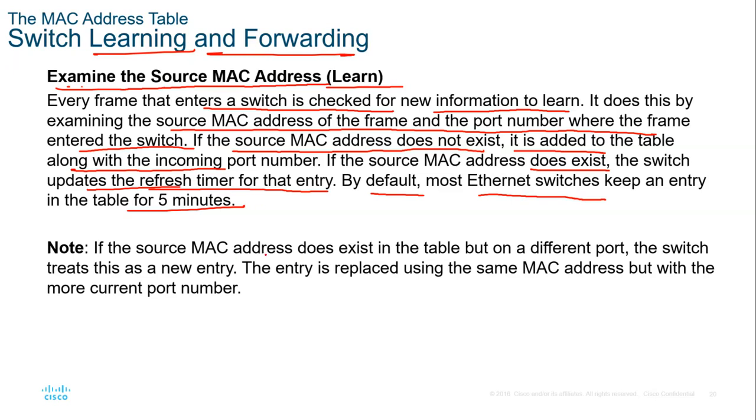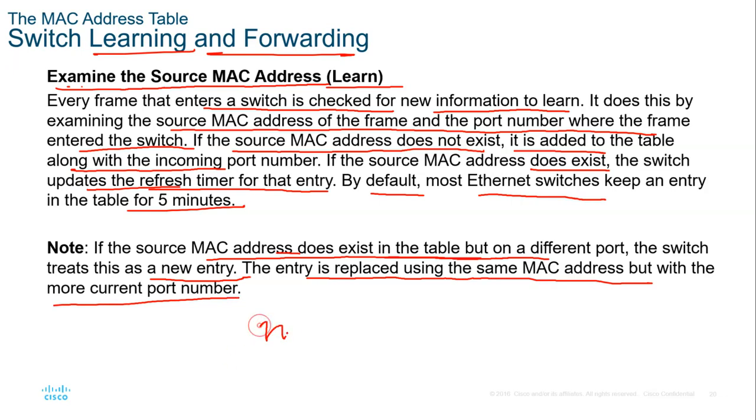Note that the source MAC address may exist in the table, but on a different port. If the source MAC address does exist in the table, but on a different port, then the switch treats this as a new entry, and the entry is replaced using the same MAC address, but with the more current port number.